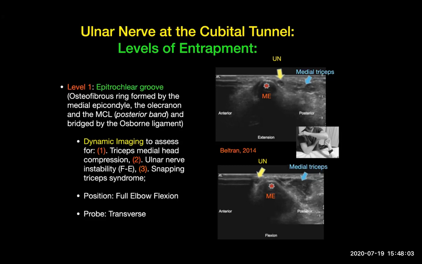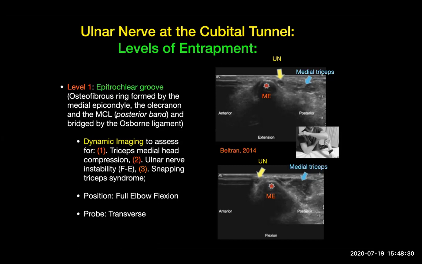In other words, the ulnar nerve moves out from the groove, or in some instances, there are 2 snaps. The first snap is the ulnar nerve. The second snap is the medial triceps. So we call that the snapping triceps syndrome. This is why you need to do dynamic imaging. So you will see all these 3 if present.